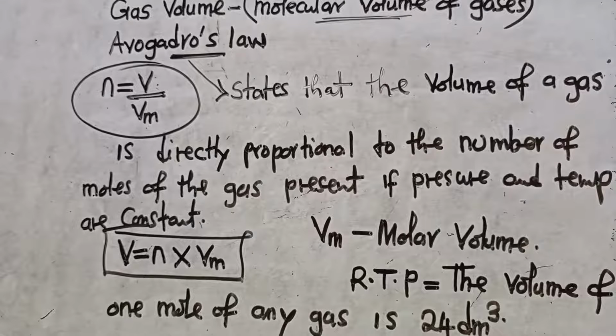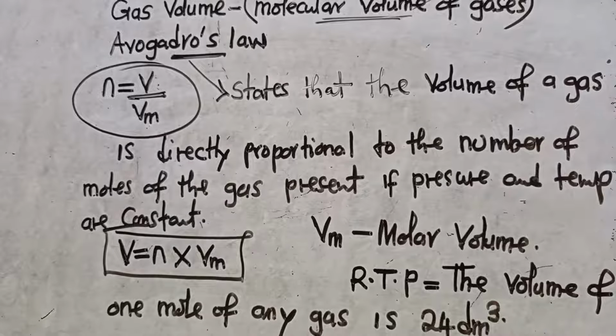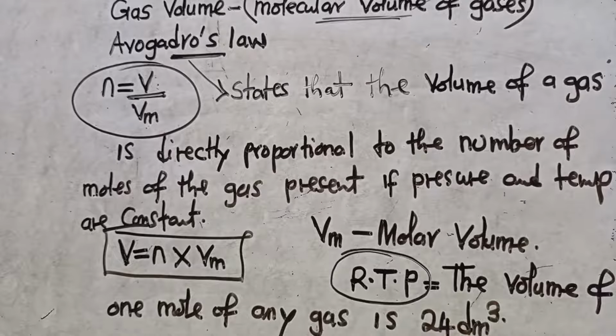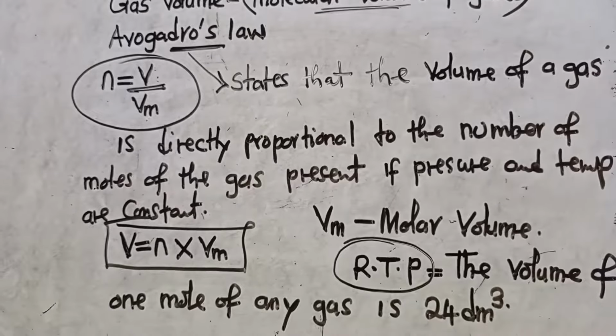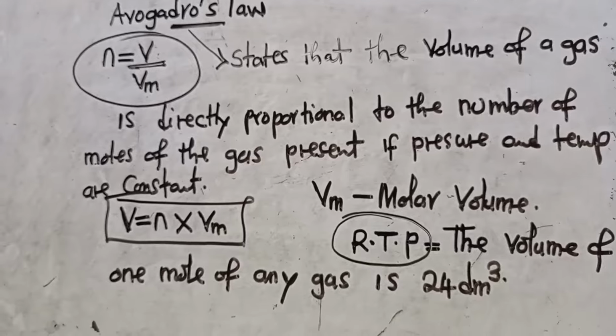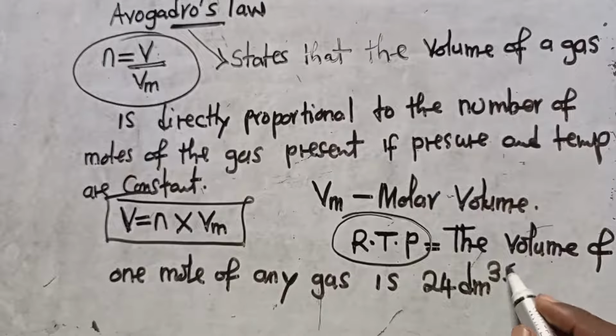This is something you are supposed to know. So the volume of 1 mole of any gas at RTP is what? 24 cubic decimeters.